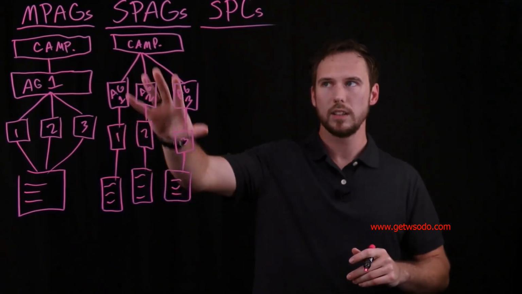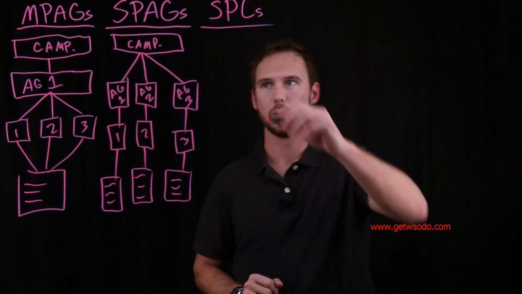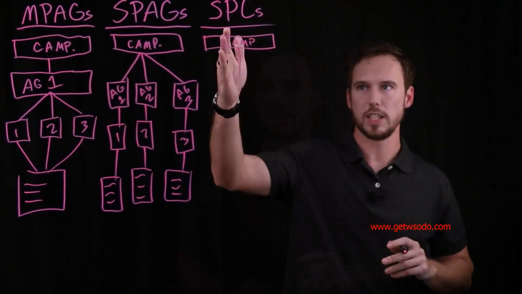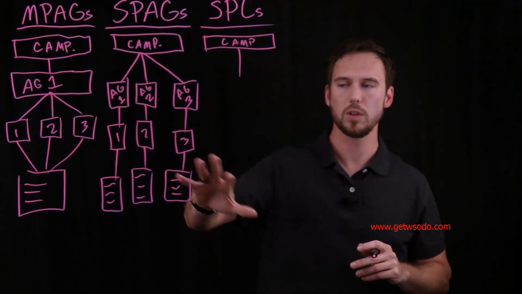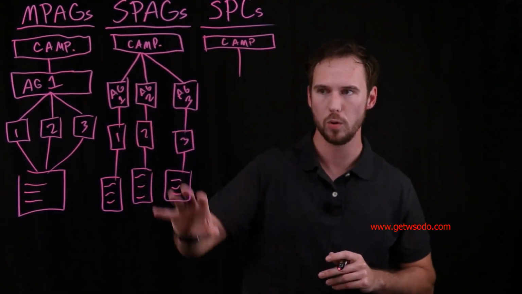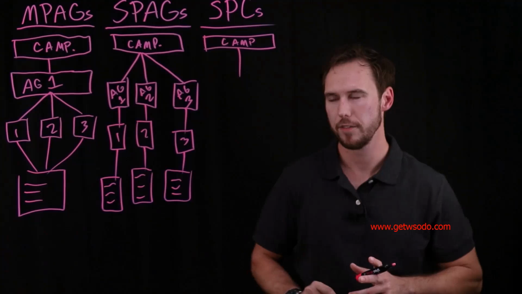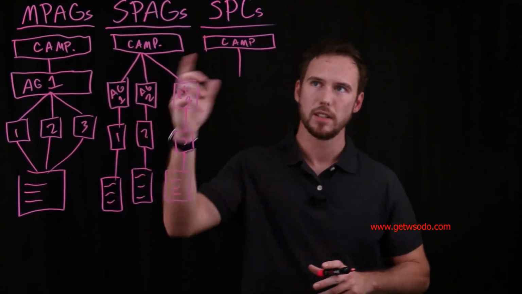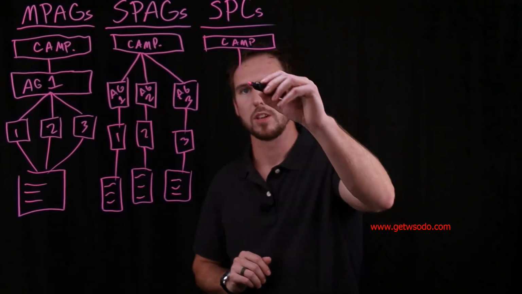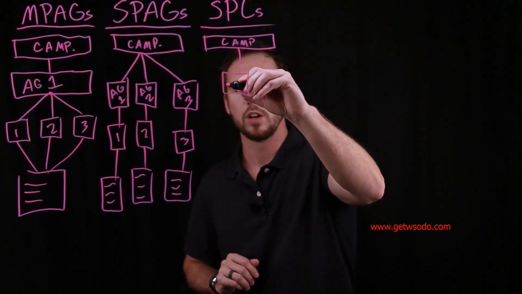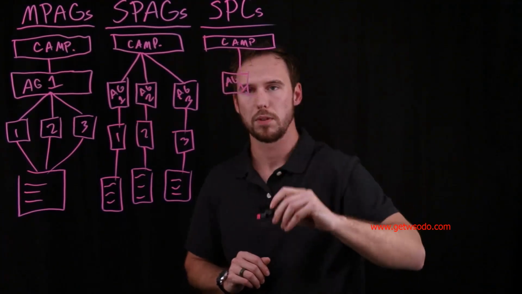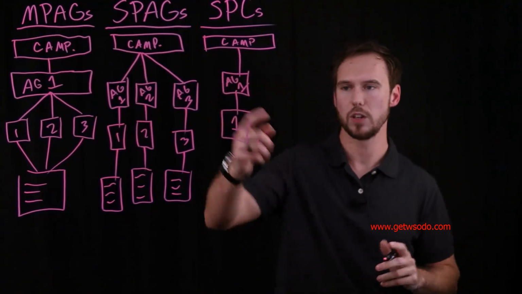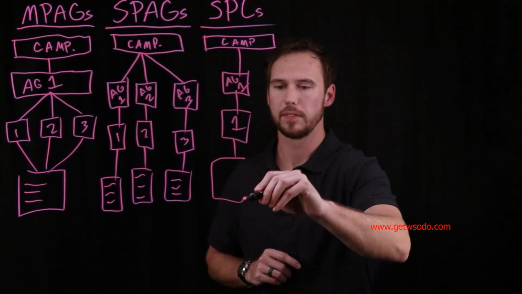So unlike SPAGs, we would have our campaign, a single product campaign, but we still want to leverage what we know about targeting and take that same concept and apply it here within single product campaigns.